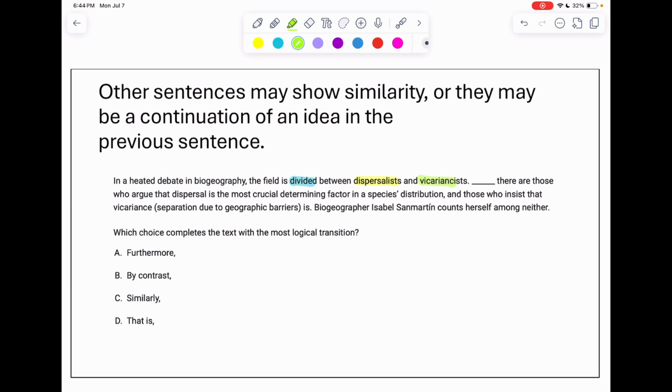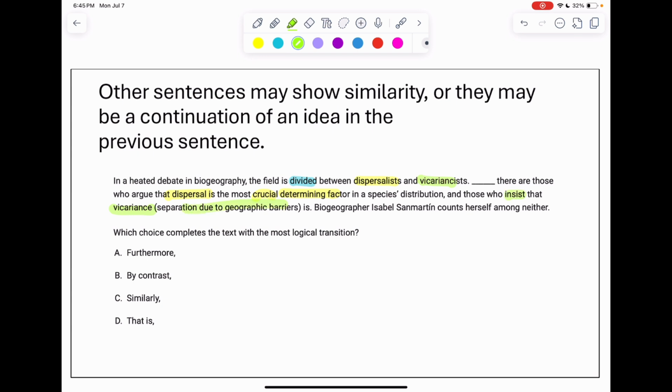So we then go on to say there are people who focus on dispersal that think that's the most important, crucial factor. And we also have these guys who think it has something to do with geographic barriers.